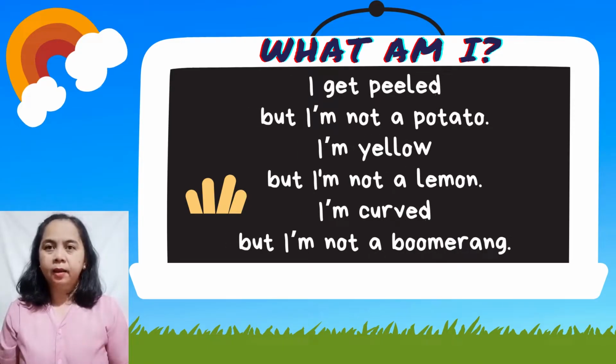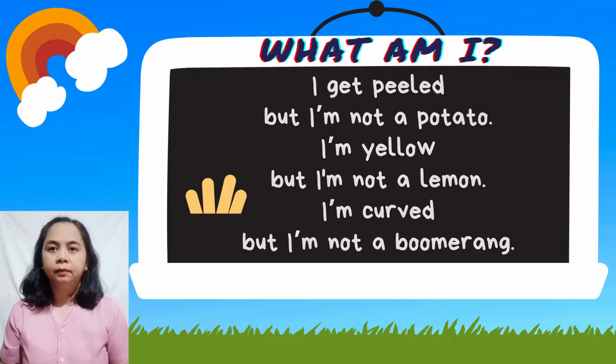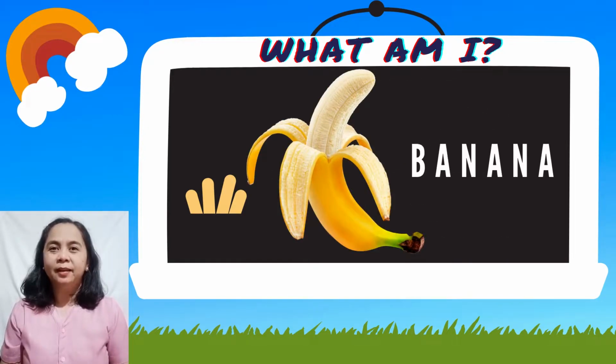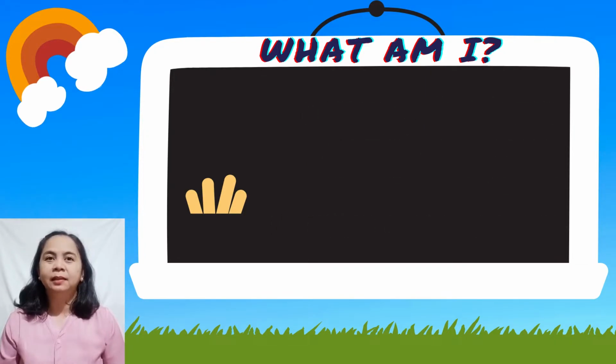What am I? I get peeled, but I'm not a potato. I'm yellow, but I'm not a lemon. I'm curved, but I'm not a boomerang. That is correct, banana. I grow in the desert. I need little rain. If you get too close, I might cause you pain.